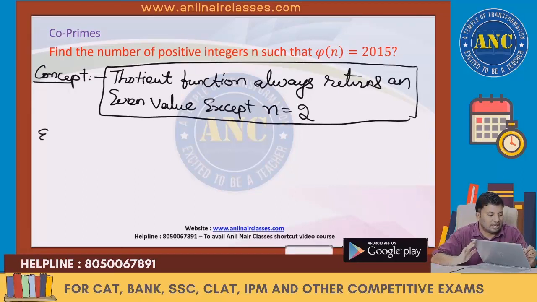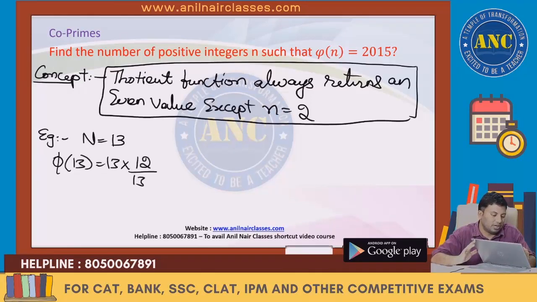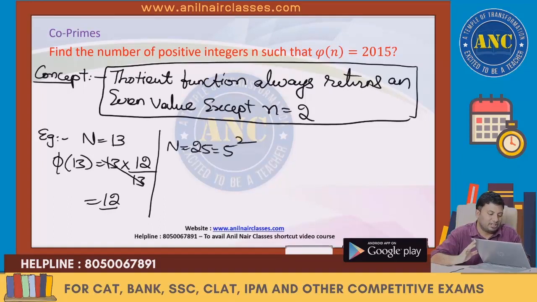Let us take an example. N equivalent to 13. What is the totient of 13? 13 into 1 minus 1 by 13, which is 12. 13 is a prime number. Suppose I take 25, which is 5 square.